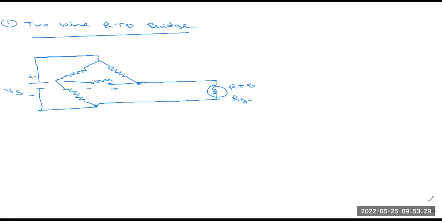Next, number two, the three-wire RTD bridge. I am drawing a diagram. This is the same as the two-wire diagram.